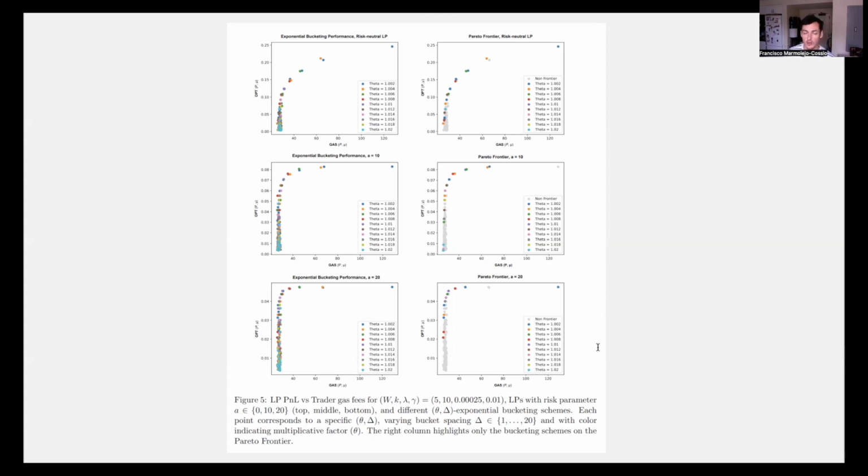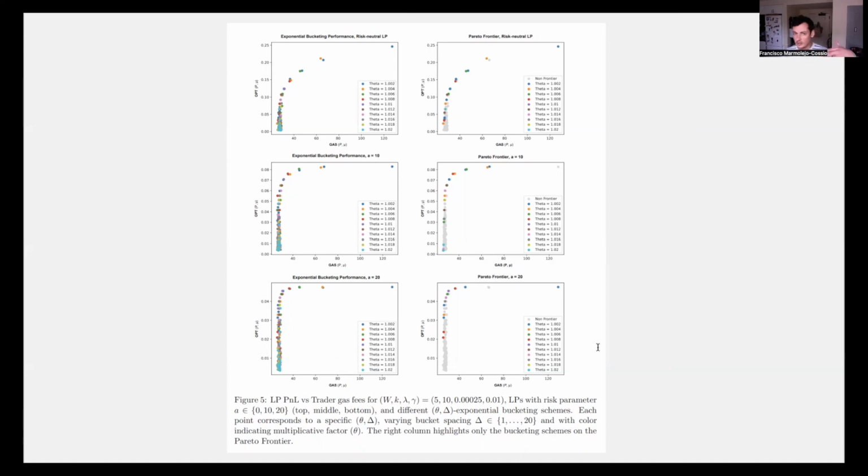The colors all correspond to the same base, and the different points correspond to different delta values. As delta becomes smaller, you have finer price partitions, and so the objective becomes larger. So as the graphs go up to the top right corner, that's as delta is becoming smaller.